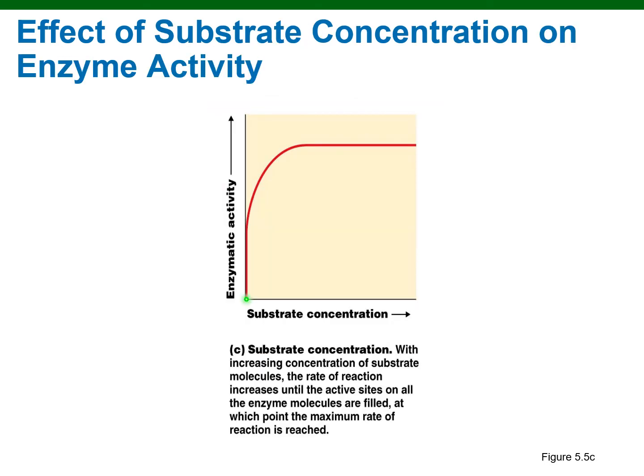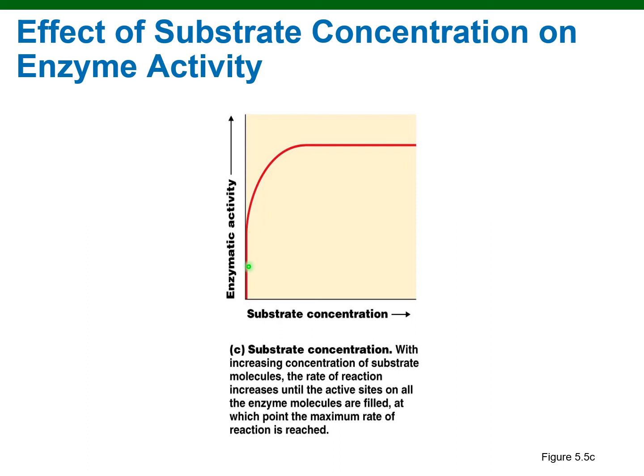One rate-limiting factor that affects how well an enzyme can do its job is how often it makes contact with a substrate. If there's very little substrate within a system, then the enzyme won't have very much work to do. However, as the amount of substrate in a system is increased, the substrate will be worked on by various enzymes that are available.